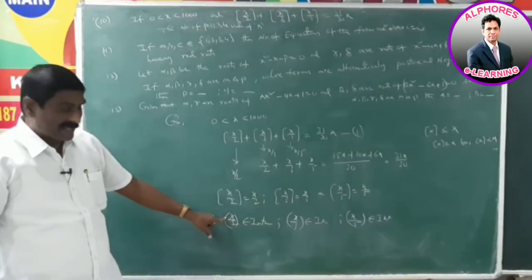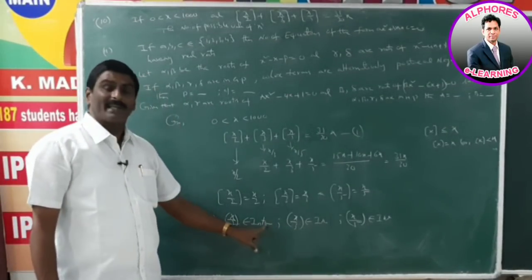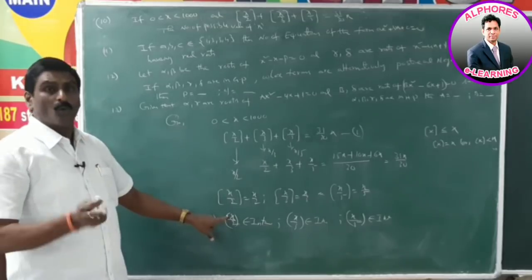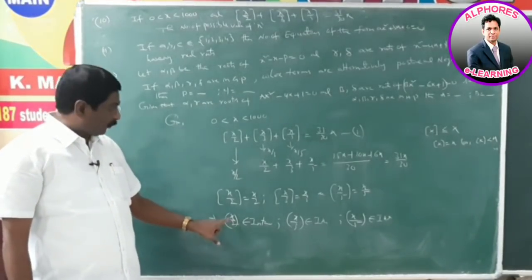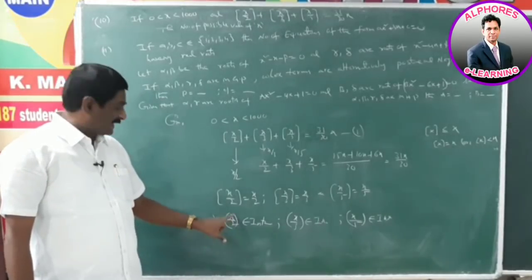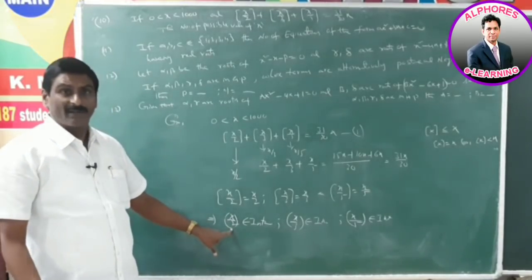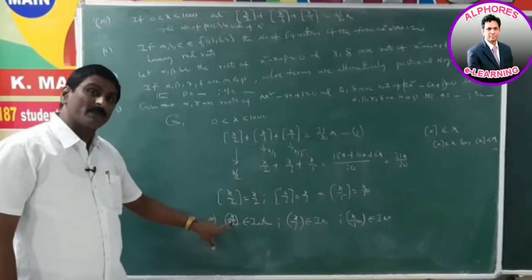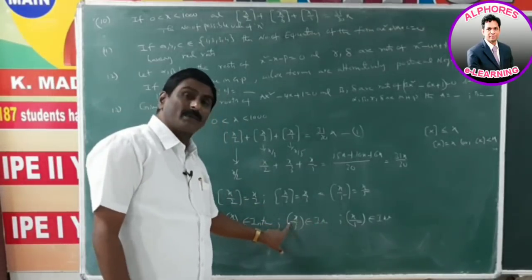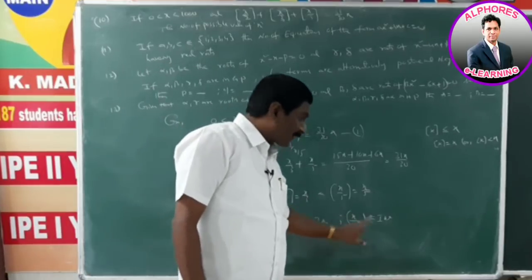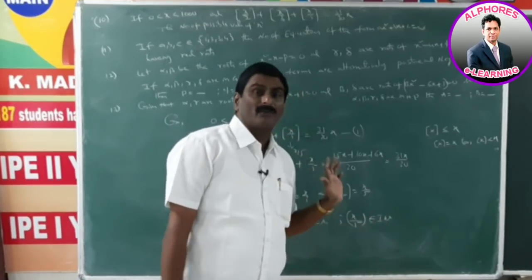x/2 is an integer means x value 2, 2/2 means 1. Suppose we take 3, 3/2 is not an integer, fails. 4, 4/2 means 2. 6/2 means integer. So these must be multiples of 2. For getting x/3 an integer, x must be a multiple of 3. For getting x/5 an integer, x must be a multiple of 5.